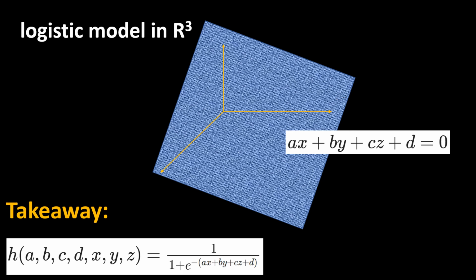The takeaway for R3 is that we have a model that has 7 arguments. 4 of them, A, B, C, D, are for creating a hyperplane that partitions R3 into 2 pieces, and the rest of the arguments X, Y, and Z represent an input point for the model. Also note that the model is the composition function of this linear term and a sigmoid function.